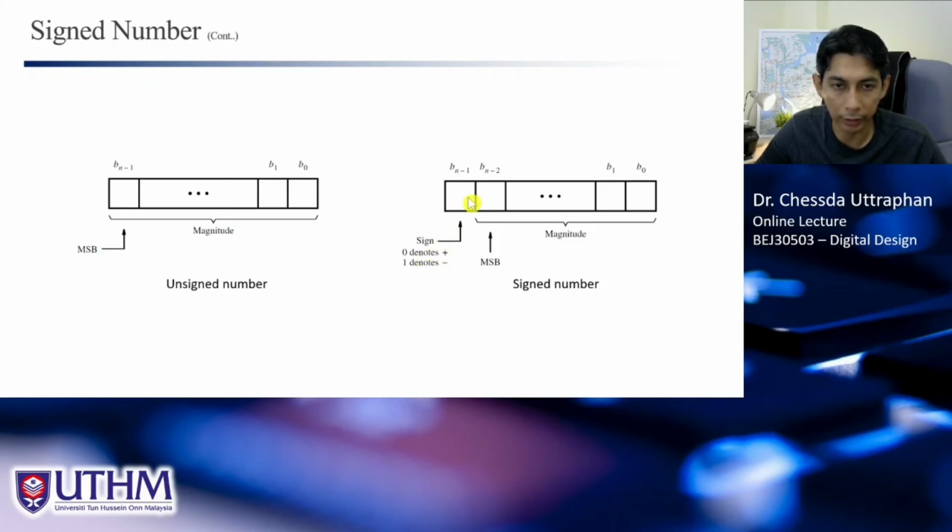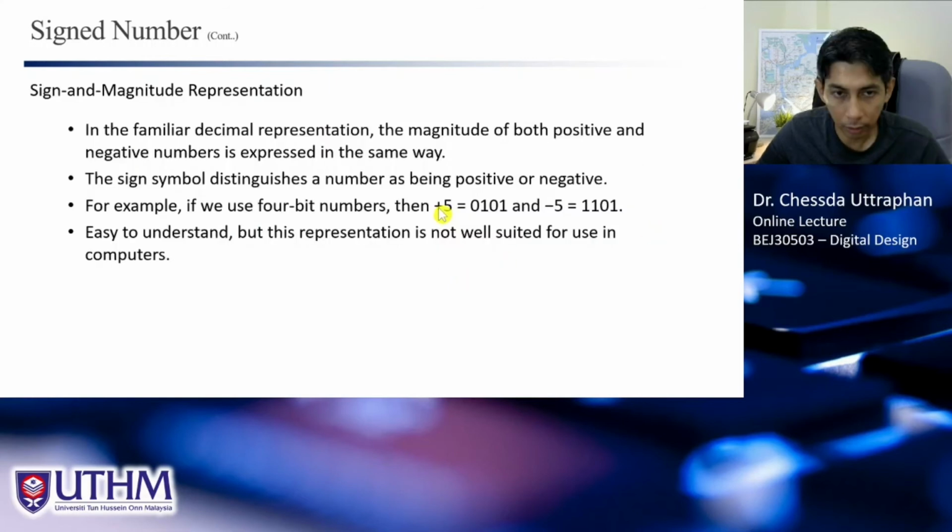Here we call it sign bit, and the magnitude is this sign followed by the magnitude. So if 0 means positive, if 1 means negative. So in this sign and magnitude representation, 0 followed by 101, which is actually number 5, right? This is positive 5, and negative 5 is easily represented like this.